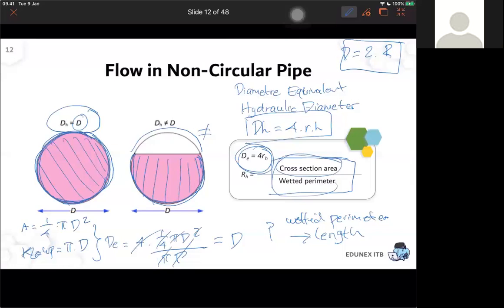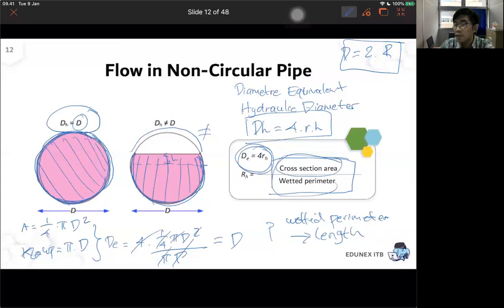Okay. So for the case of the right figure, you need to know, for example, this is half of the circle, then how high is this one? Then you can convert it into the cross-sectional area, and then you can calculate the wetted perimeter.